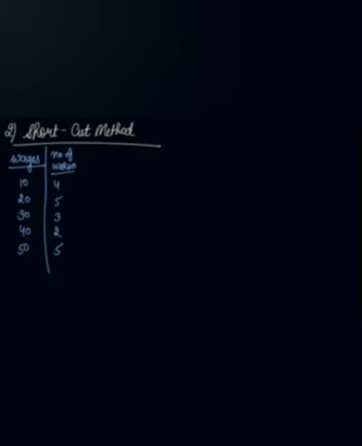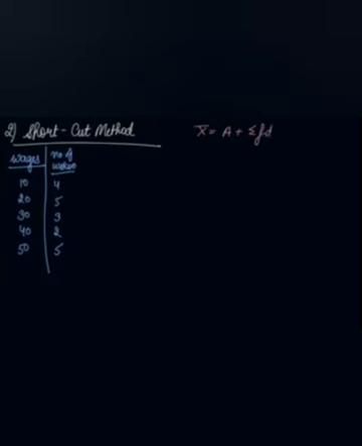In the individual series we studied that the shortcut method means the method using assumed mean. So here x bar will be equal to assumed mean plus summation of frequency into deviation, divided by summation f.